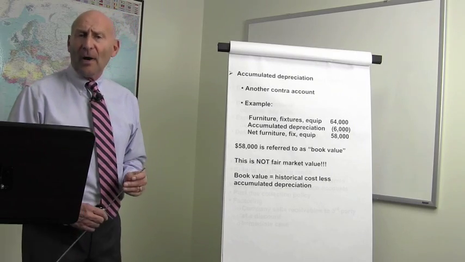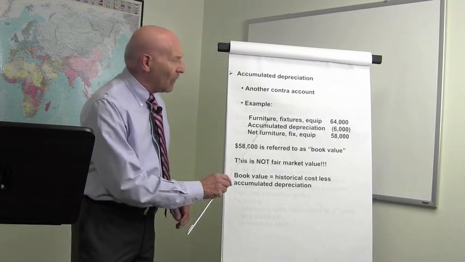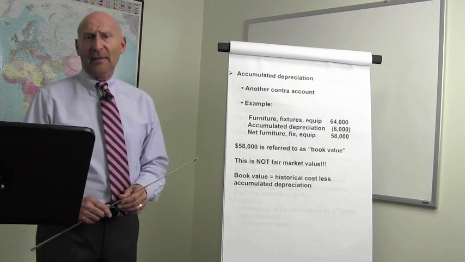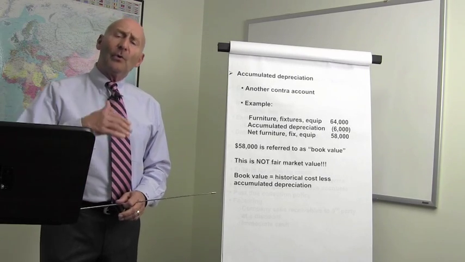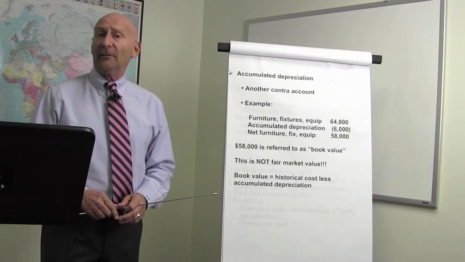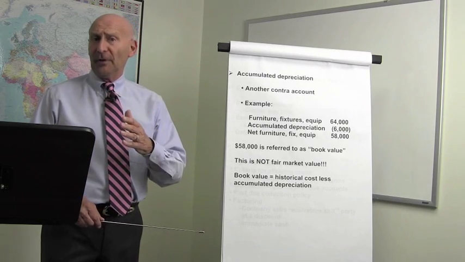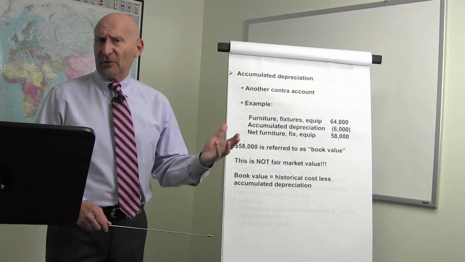In other words, rather than writing off the entire cost of a long-term asset in the year that it's acquired, we take a proportionate amount of that cost over a period of time, normally less a salvage value.